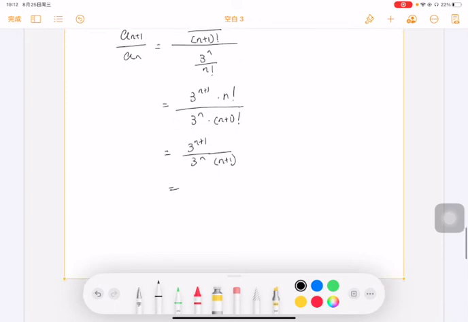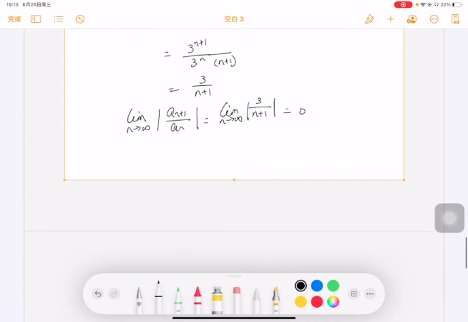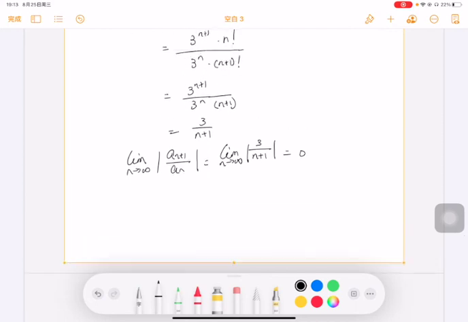Dividing top and bottom by 3 to the n, we get 3 over n plus 1. Therefore, the limit as n goes to infinity of the absolute value of a_(n+1) divided by a_n equals the limit as n goes to infinity of 3 over n plus 1, which is 0. And since this is smaller than 1, we know that the series 3 to the n divided by n factorial converges.